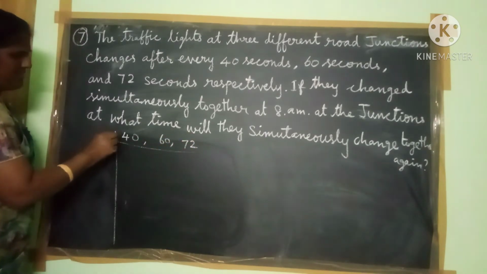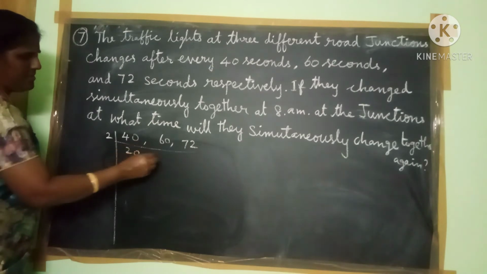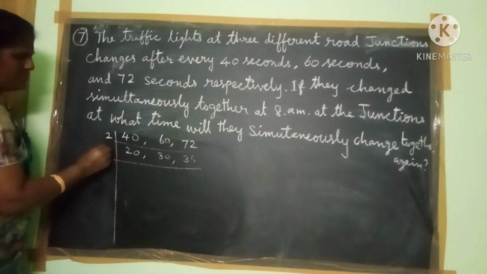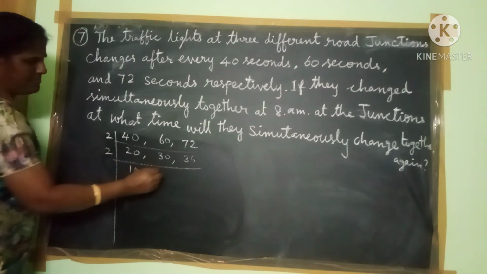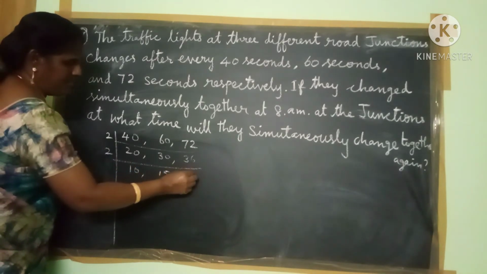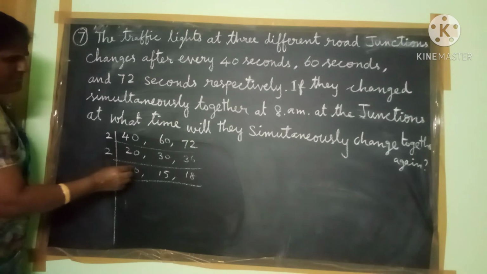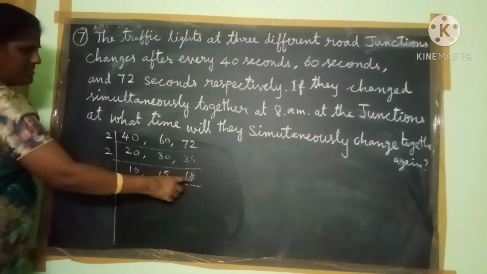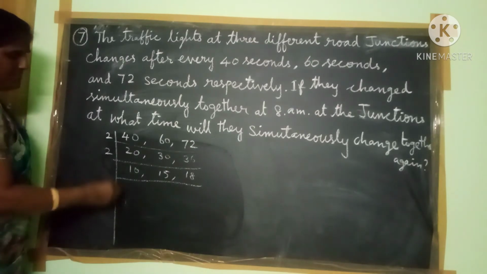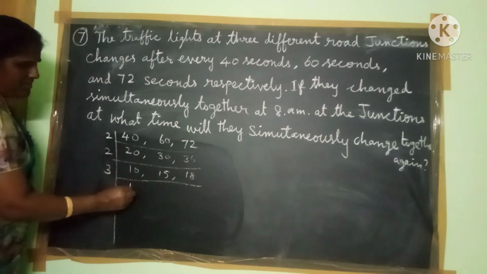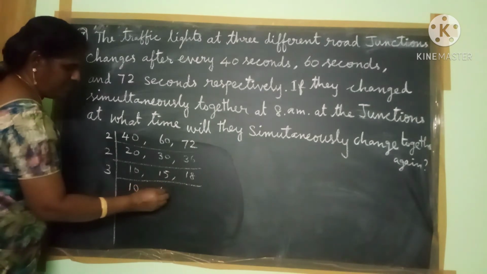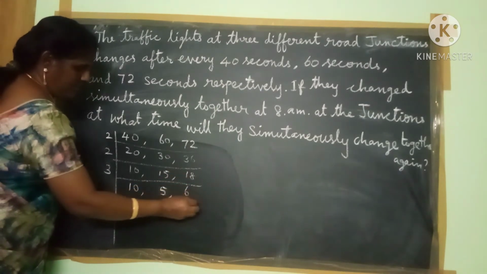Okay. So first take 2 table: 20 times, 30 times and 36 times. Again next 2 table: 10 times, 15 times and 18 times. Again we will take 3 table: 15 will come in 5 table, 5 times and 18, 6 times.